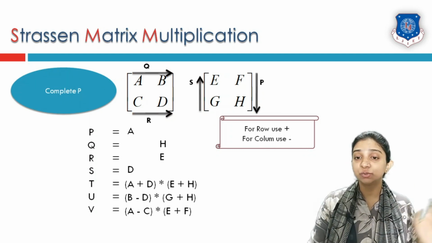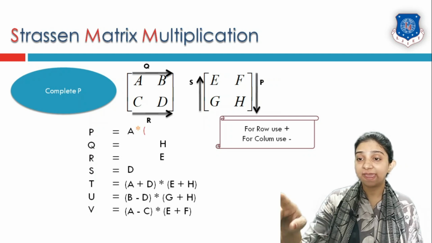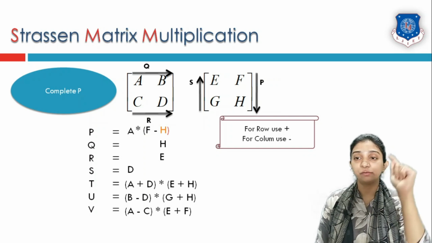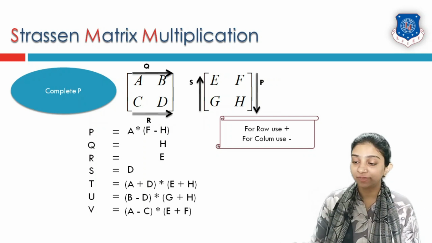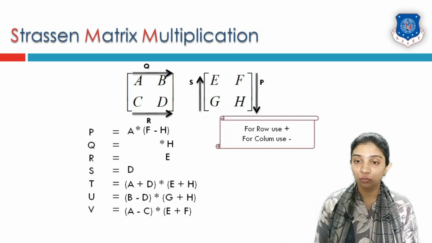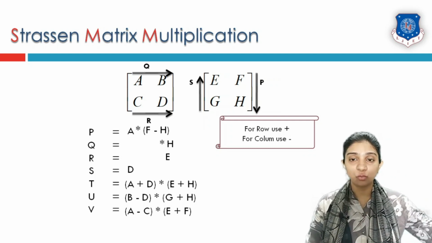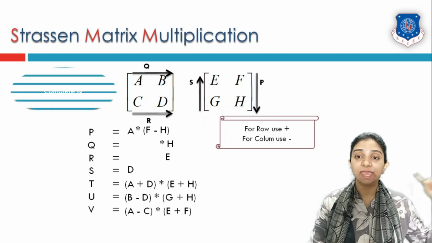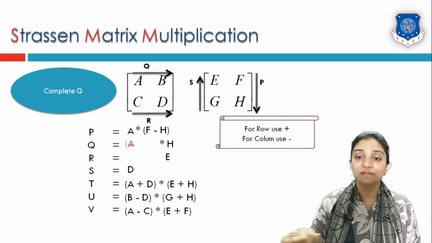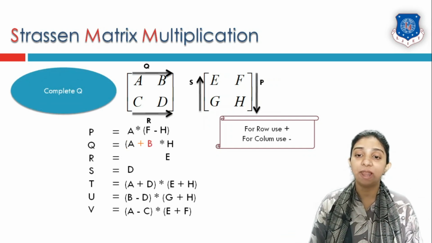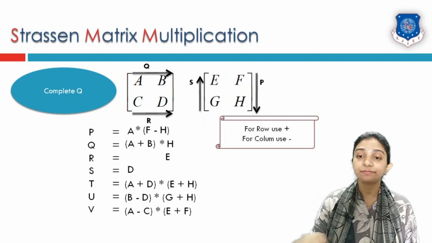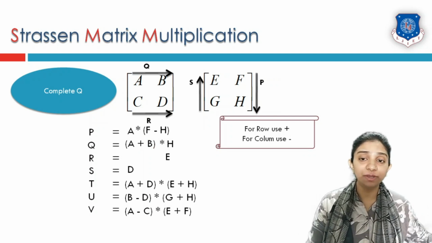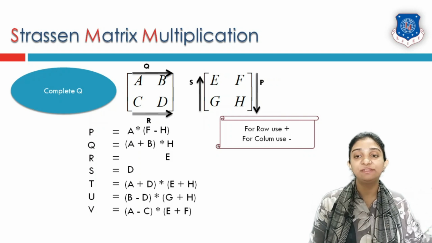So we are going to write P as F minus H because P is a downward arrow from F to H. Similarly for Q, Q is denoting row wise. So I will use plus sign among the elements A and B. So this will be A plus B. For R, I will use C and D component, but they are horizontal, that means row element.